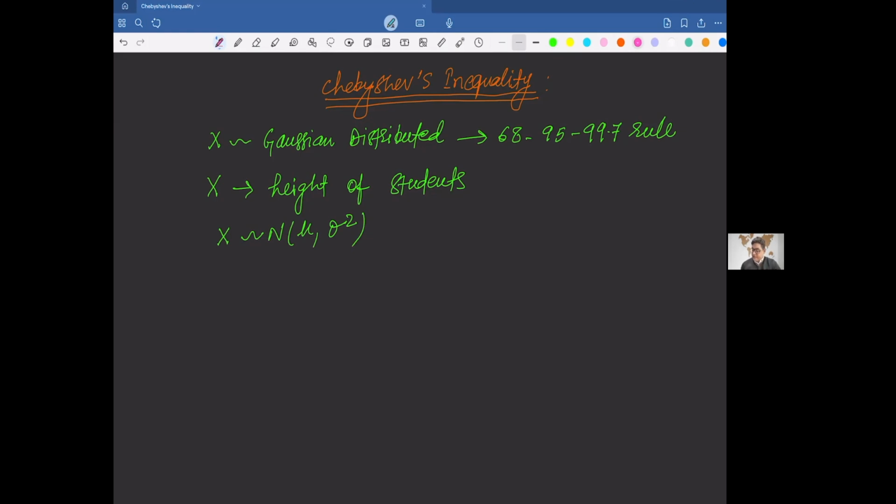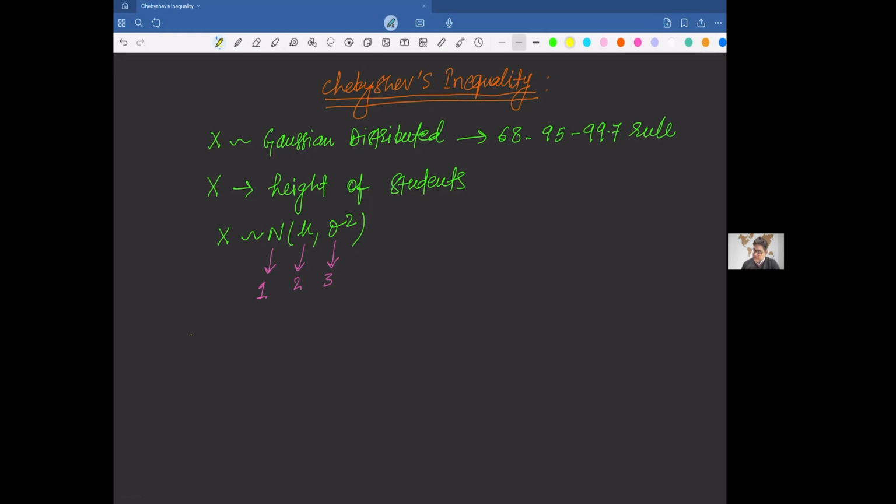First, it is normally distributed; second, I know the mean; and third, I know the standard deviation.